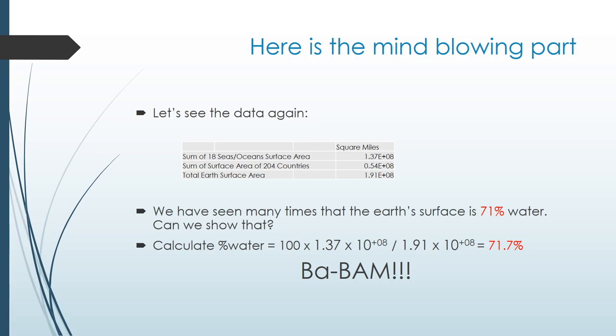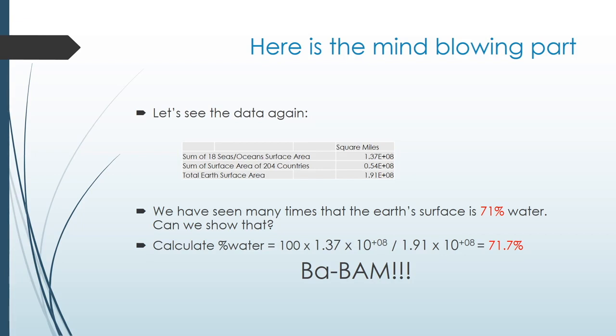So let's look at that data again just for interest's sake. Again, the sum of the surface area of the seas, 1.37. The sum of the surface area of the 204 countries plus Antarctica, 0.54 e to the plus 8. The total surface area, 1.91 e to the plus 8. As a separate calculation, we've seen many times that the Earth's surface is 71% water. You can look that up anywhere.